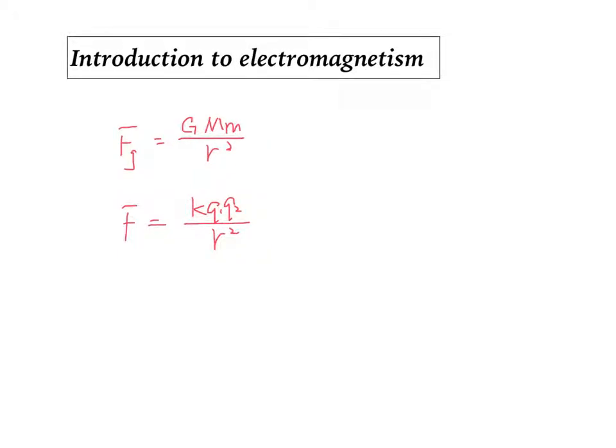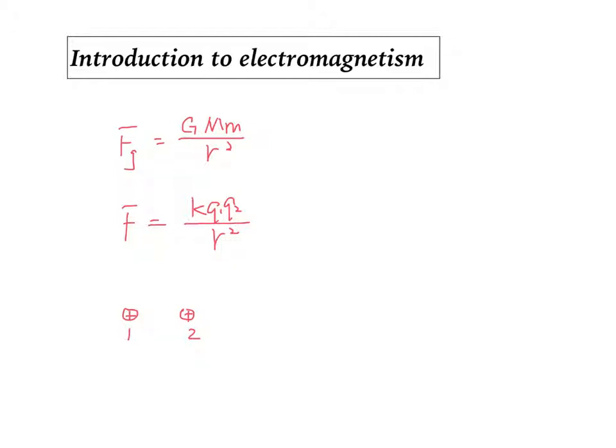Well, here is an example. If we have two like charges, maybe two positive charges, in this case they will repel each other, and we call this charge 1 and this charge 2.